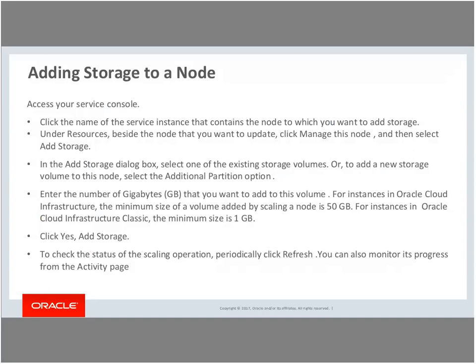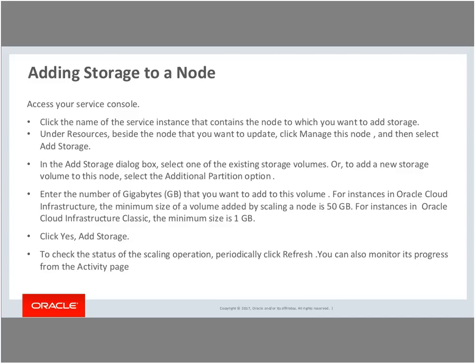Enter the number of GBs that you want to add to this volume. For instance, in Oracle Cloud Infrastructure, the minimum size of the volume added by scaling a node is 50 GB, which is OCI only. If it is OCI Classic, the minimum size is 1 GB.